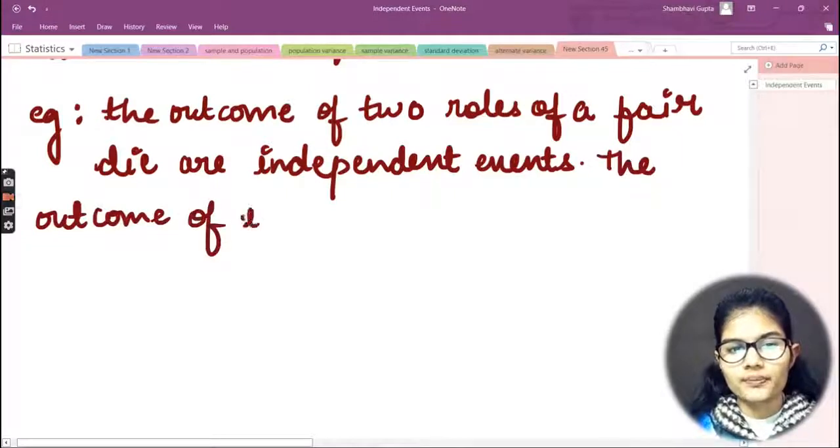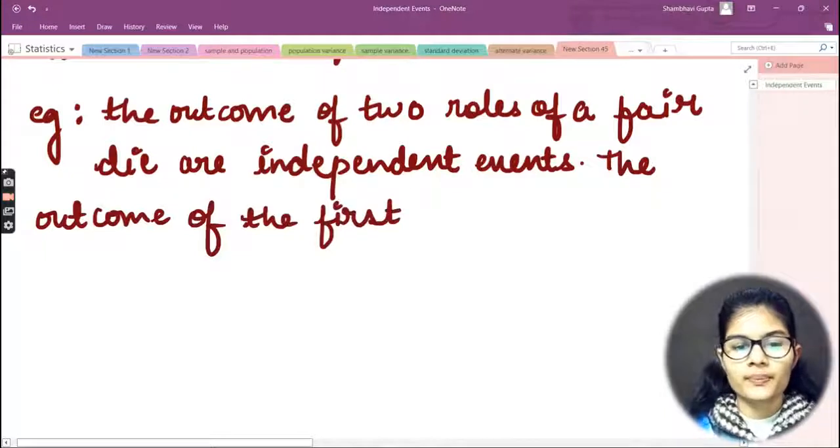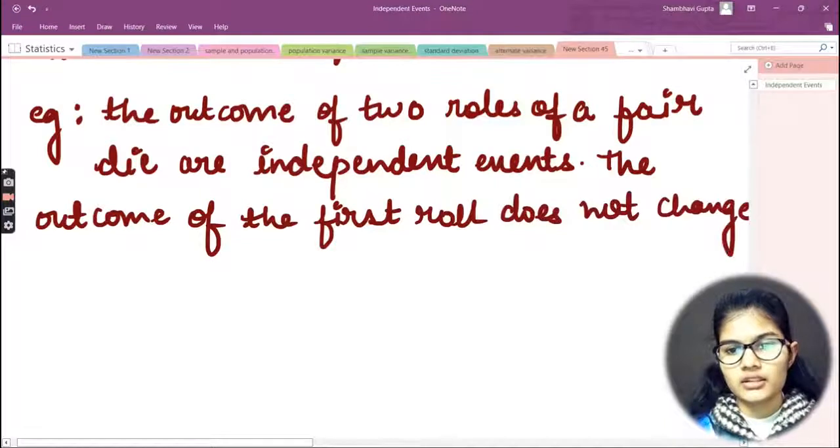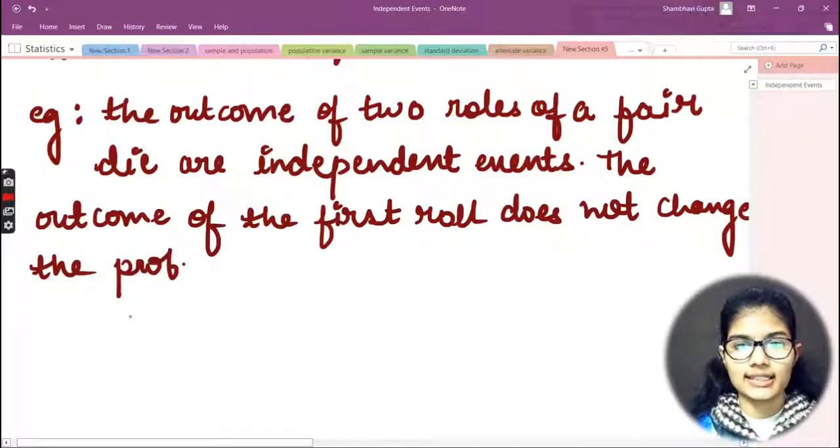The outcome of the first roll does not change the probability, I'm simply writing prob, which refers to probability only. Make sure you remember that.